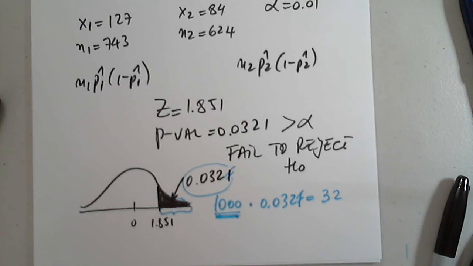Do not reject. There is not sufficient evidence to conclude that a higher proportion of subjects in group 1 experience drowsiness as a side effect than subjects in group 2. Do not reject. There is sufficient evidence to conclude that a higher proportion, of course, makes no sense.